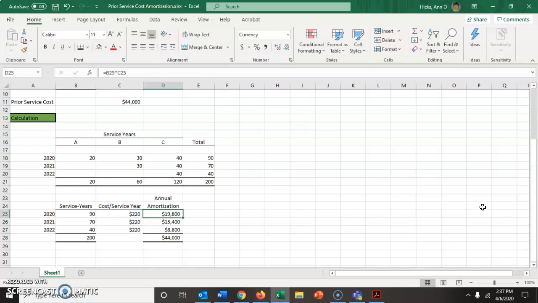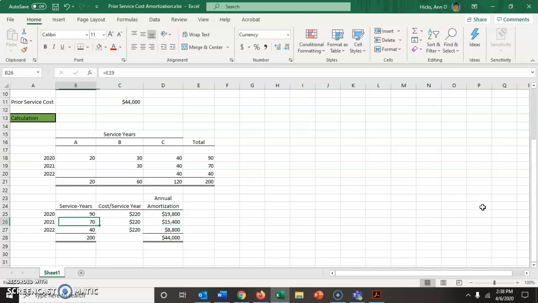That $220 then, if we multiply it by the 90 service years being worked in 2020, means in 2020 we need to amortize $19,800. You'll notice the cost per service year doesn't change.